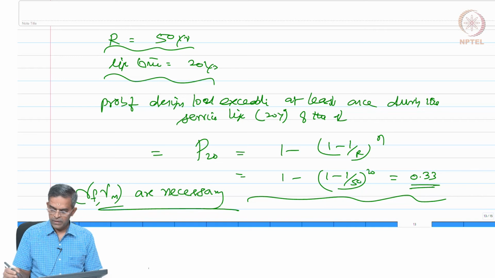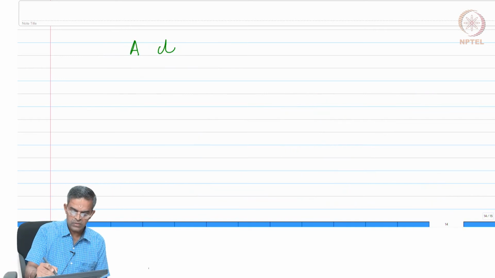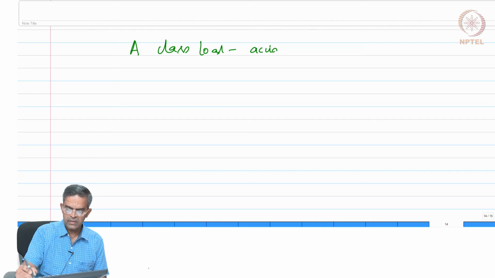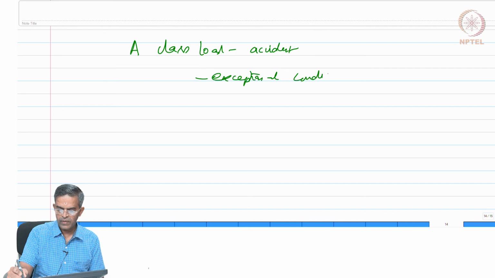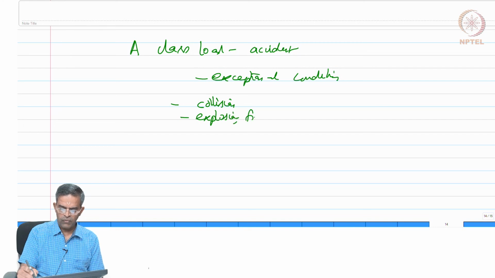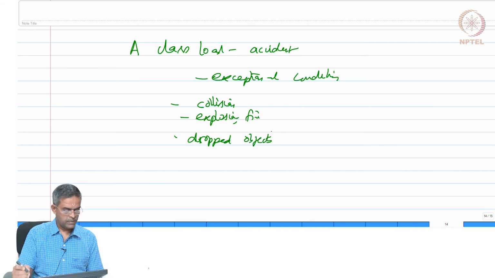Okay. The last one is the accident class loads. A class load refers to accident class. These loads are exceptional cases. They arise when there is a collision, when there is an explosion or fire, or there can be accidents caused due to dropped objects.